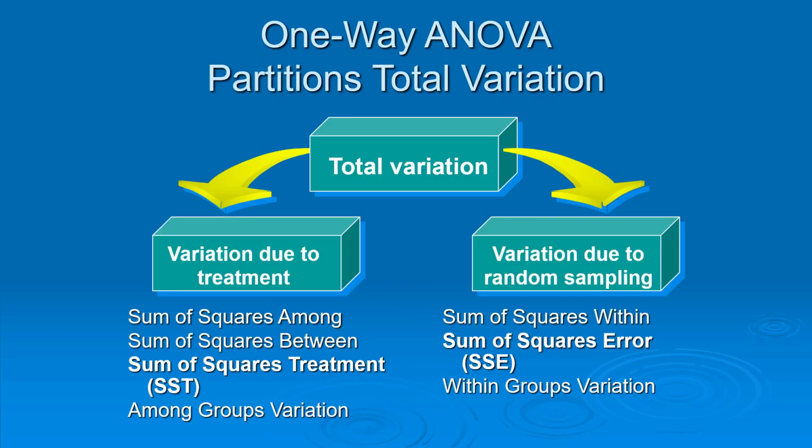The total variation you observe can be split into two parts. Variation due to treatment, which is called the sum of squares treatment, reflects the variation existing among groups due to treatment. Variation due to random sampling reflects individual differences within groups, which is called the sum of squares error.